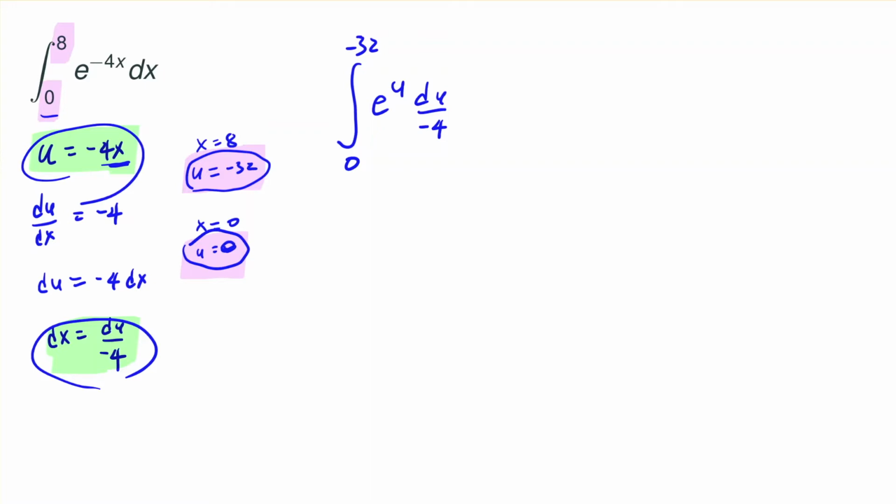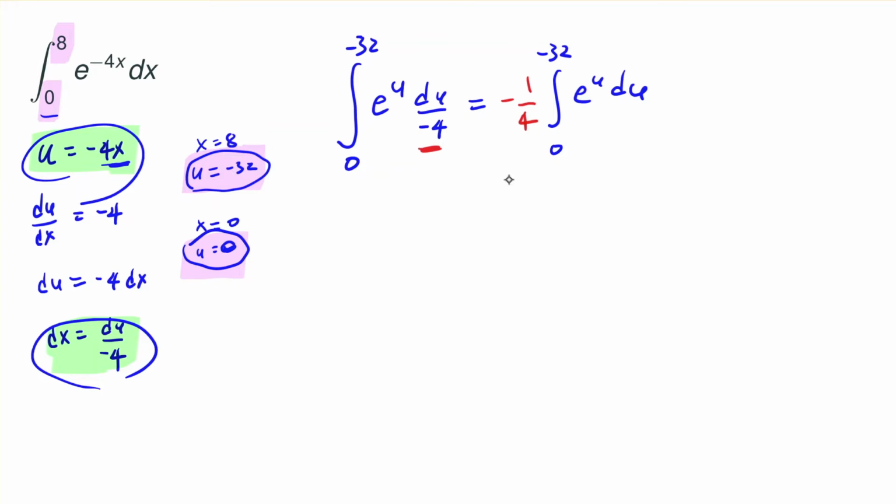Then this negative 1 over 4 right here, we can take outside of the integral sign because it's a multiplying constant, e to the u du. Now this is a definite integral because we have numbers. Therefore, we should not write plus c. We don't need to write plus c.